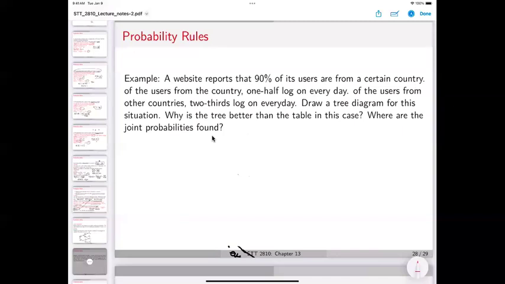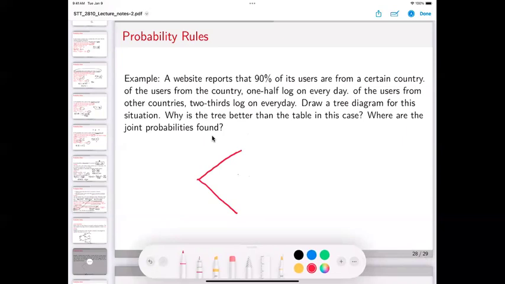So I just do this. And then I could put country here, and here will be not country. I'm told country is 90%, and so if country is 90%, here will be 0.1. Does that make sense? Good. So I've been able to fix this one here.